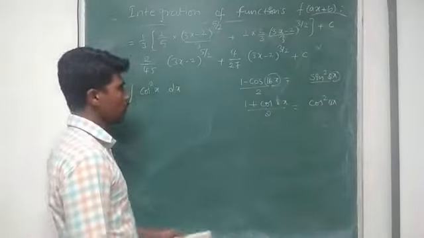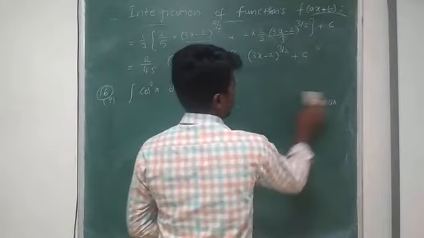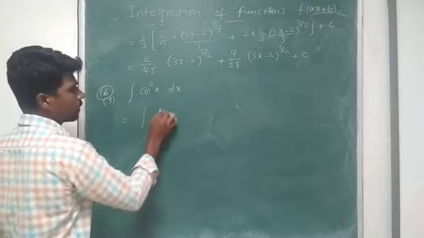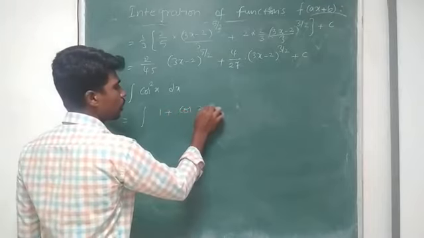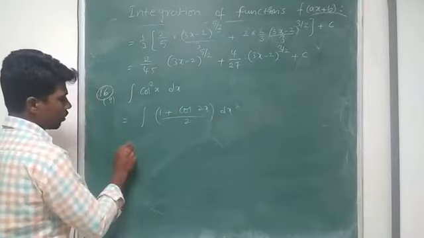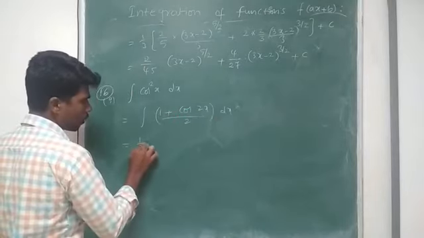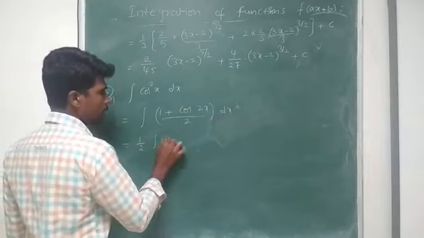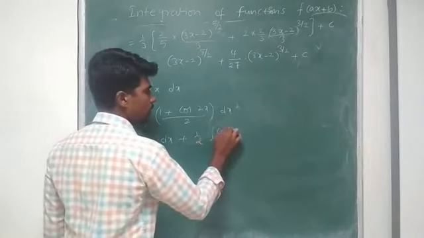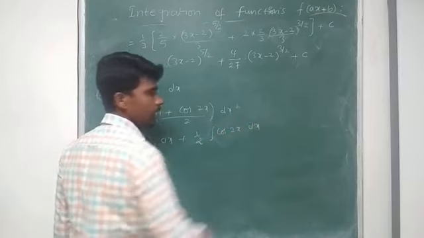Okay, now these applications. So the integral of cos square x dx can be written as the integral of (1 plus cos 2x) by 2 dx. So it is equal to 1 by 2 integral dx plus 1 by 2 integral cos 2x dx.